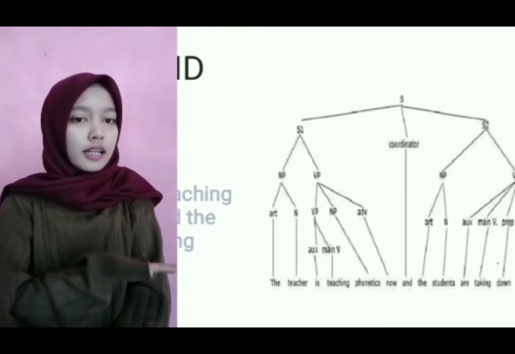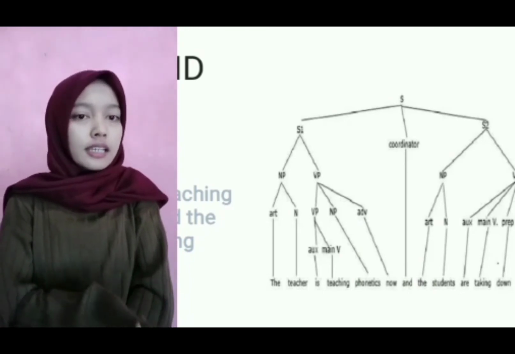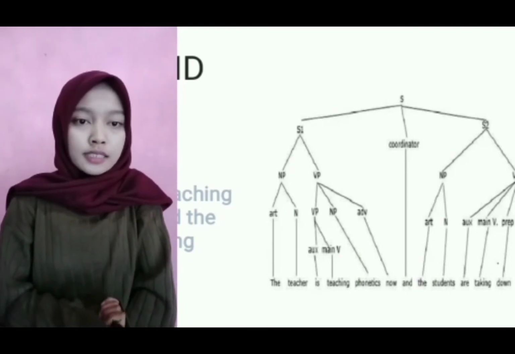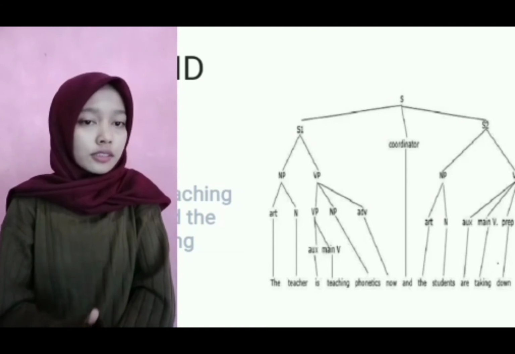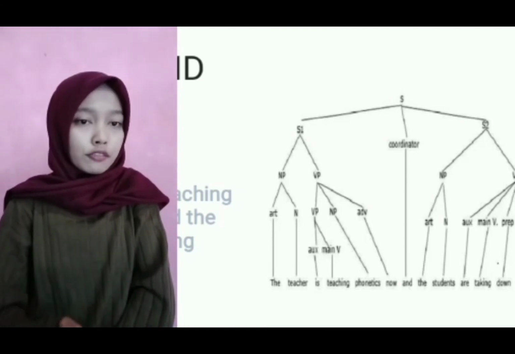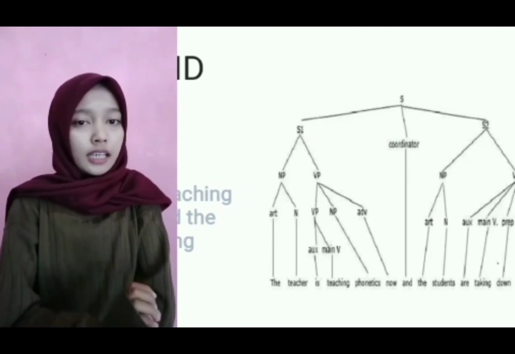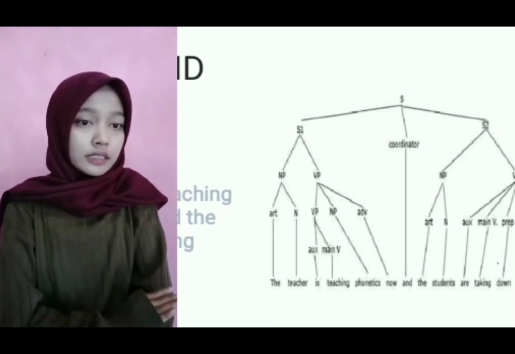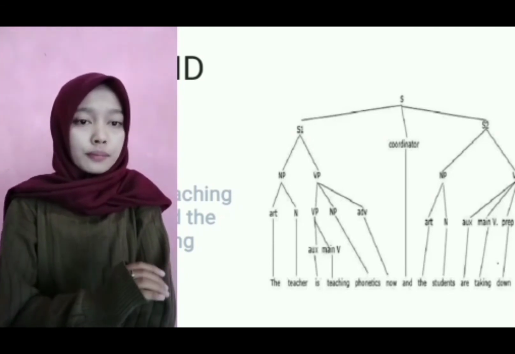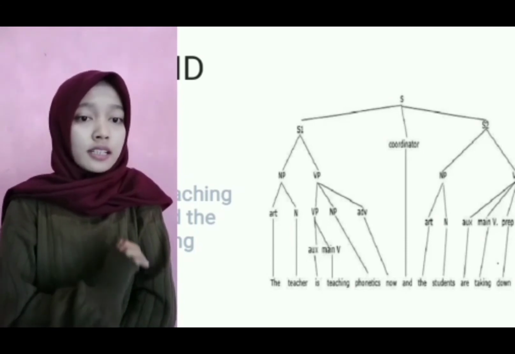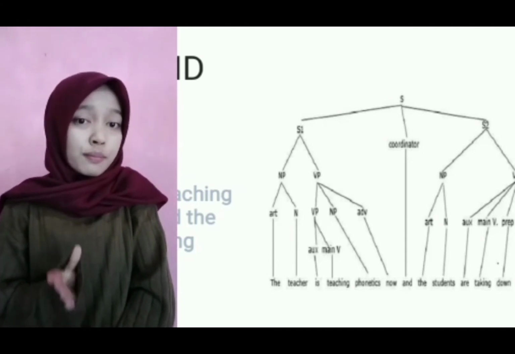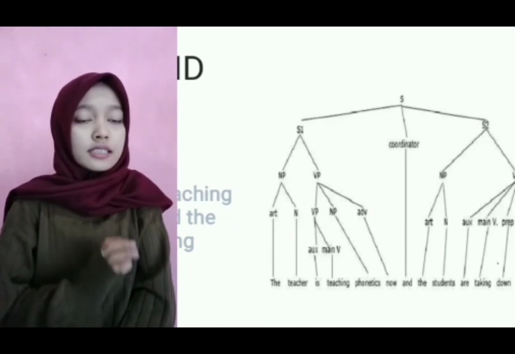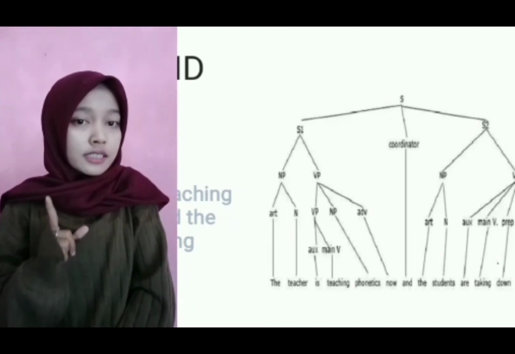The is article, teacher is noun, the teacher is noun phrase, is is auxiliary, teaching is main verb, phonetics is noun phrase, now is adverb, is teaching phonetics now is verb phrase. The teacher is teaching phonetics now is the first sentence.